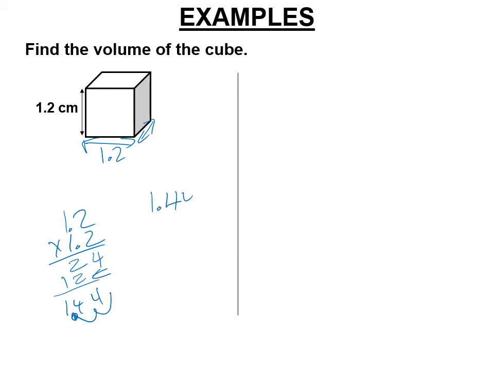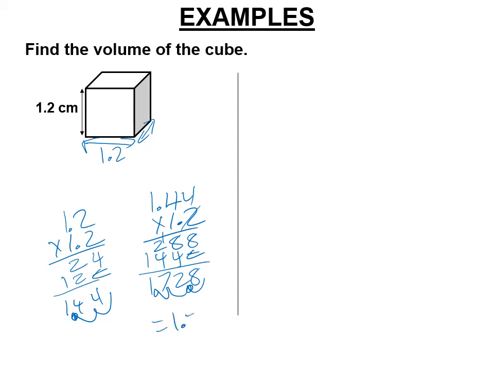We've got to go again, times 1.2. 2 times 4, 2 times 4, 2 times 1. Step over, 1 times 4, 1 times 4, 1 times 1. And I've got 3 numbers to the right. So it's 1.728 cubic centimeters.